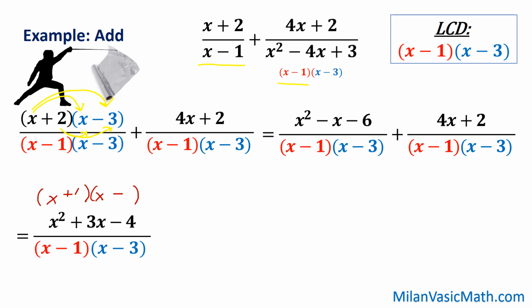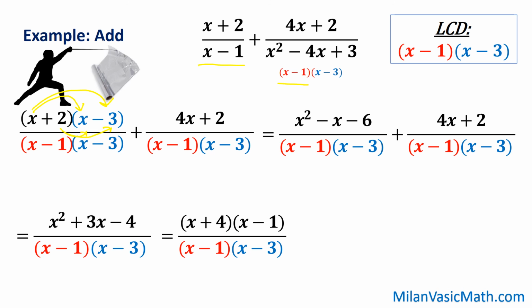Okay, so erase that because I have a neater one right here. And now I can cancel out this x minus 1 and this x minus 1 because they equal 1. And there's the final answer.